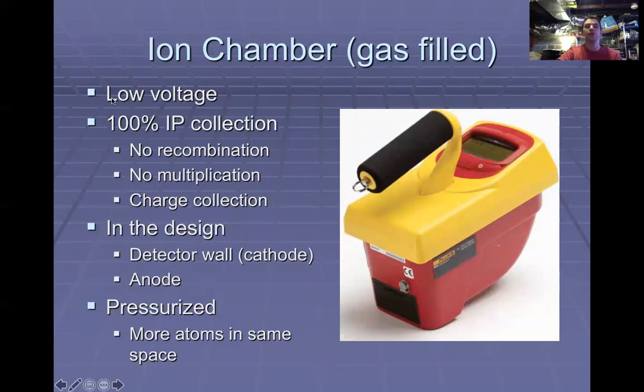And so the reason that there's low voltage is that those actual ionization events that happen inside that gas volume, every single event is collected, and it's happening at enough of a frequency that the individual charge collections are happening frequently enough that you actually get a detectable charge.